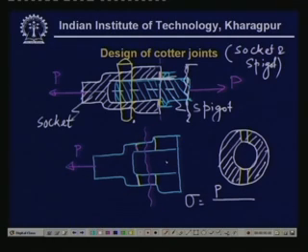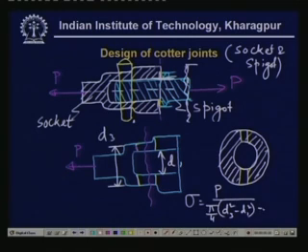If the inner diameter is D1 and the outer diameter, let us say, D3, then the area is pi by 4 (D3 square minus D1 square) minus this much, which is D3 minus D1 times t into D3 minus D1. This sigma must be less than sigma allowable. This condition has to be satisfied, and with this we can find the value of D3. This is failure against tension, that is tensile failure.